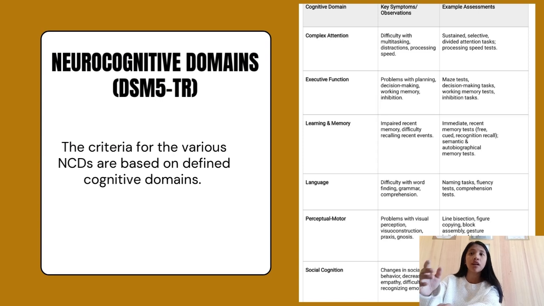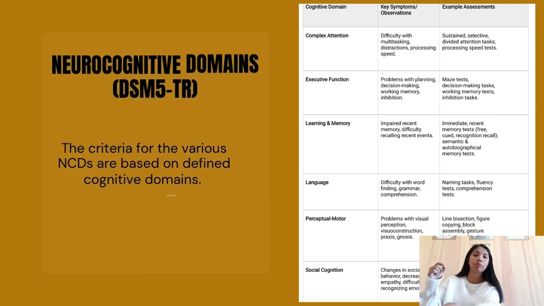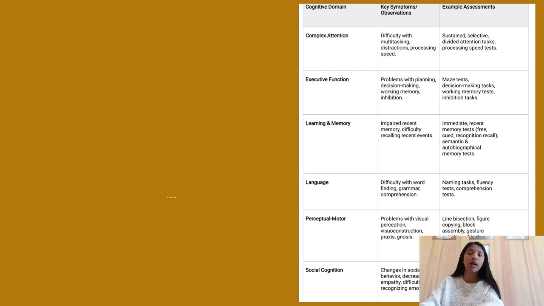This includes number 1, complex attention. Number 2, executive functioning. 3, learning and memory. 4, language. 5, perceptual motor. And 6, social cognition. So nakabase po dyan yung mga various criteria of NCDs. Dyan po siya nakabase, so you will just read po about it. So, we'll begin now with our report.